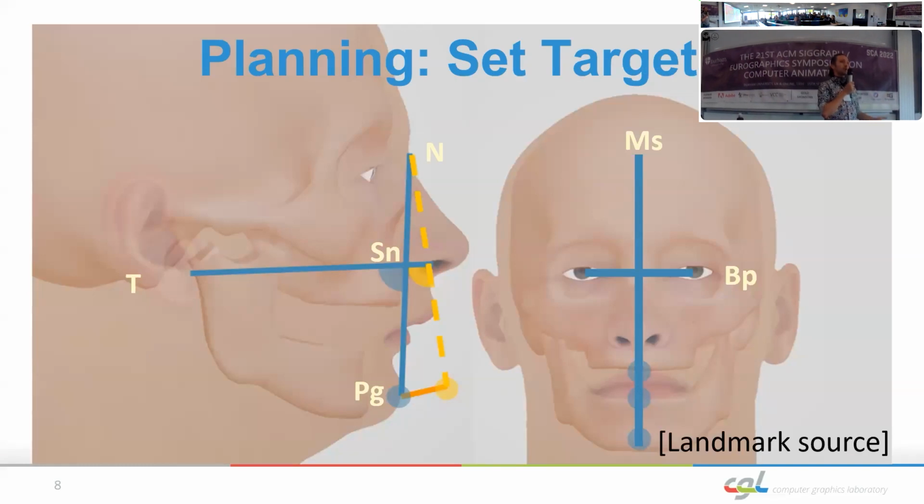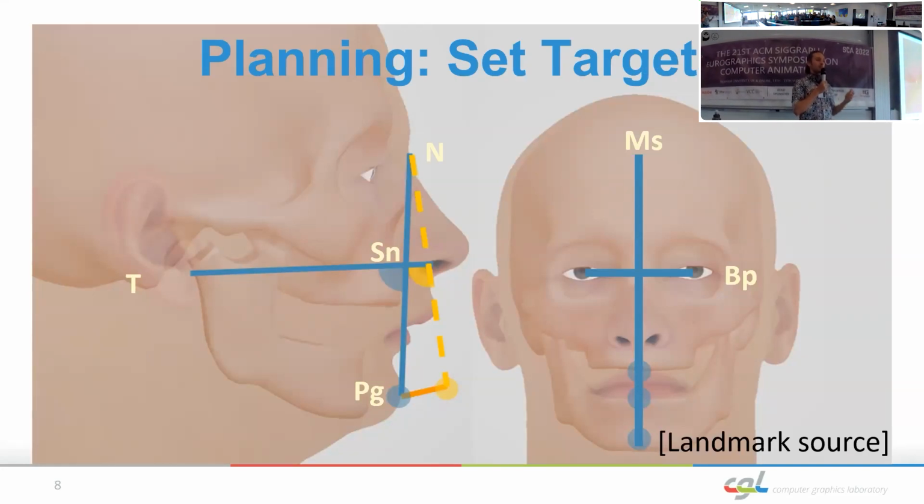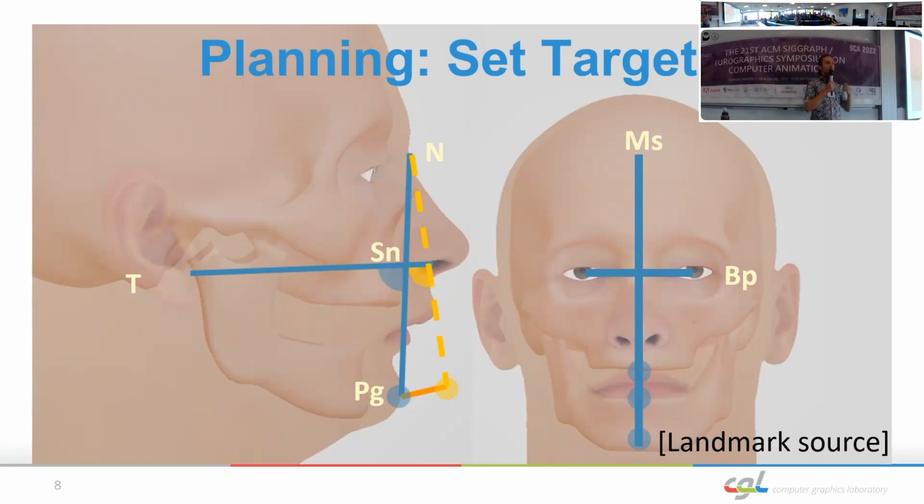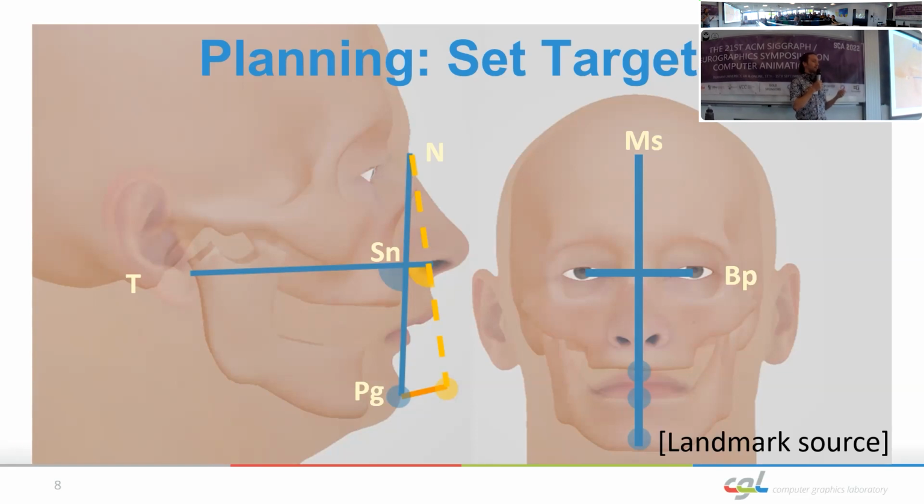This includes the doctors identifying common medical landmarks on the face. And by comparing measurements between these landmarks to healthy reference values, they are able to determine the target positions of these landmarks after treatment. That's the point in gold that you see on the slide.